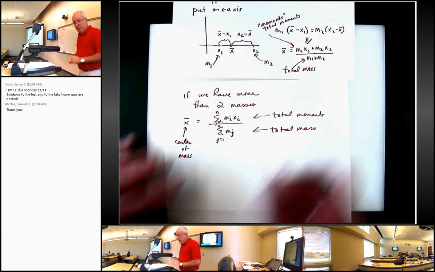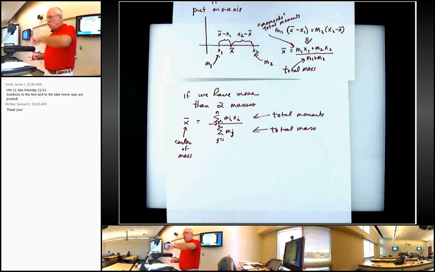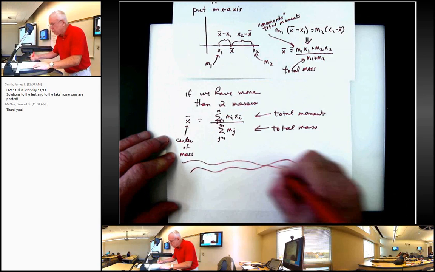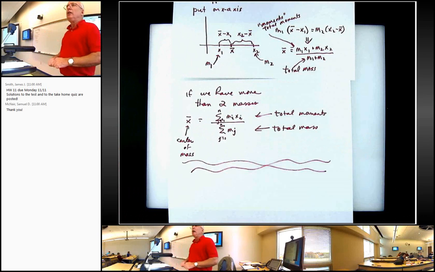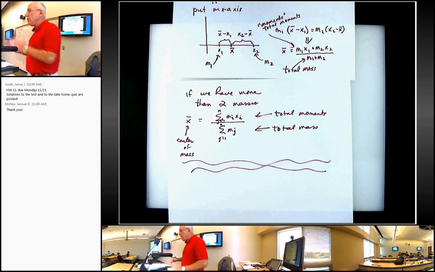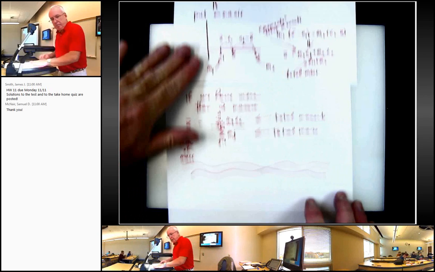And that gives us our center of mass. Ooh, I think we'll leave it, because if I even start to do 2 dimensions, it won't happen in our time frame. So we'll just stop here at 1 dimension and finish this up on Wednesday.